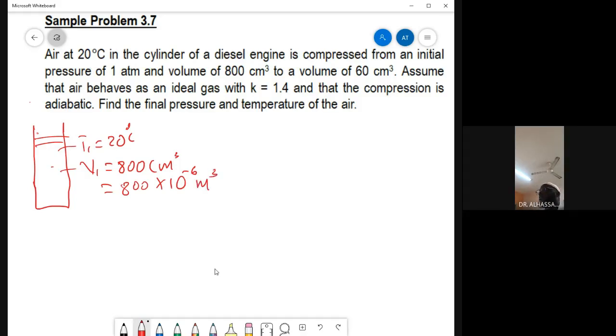And then the fluid is compressed. So this is state 1. And then it moves to state 2.